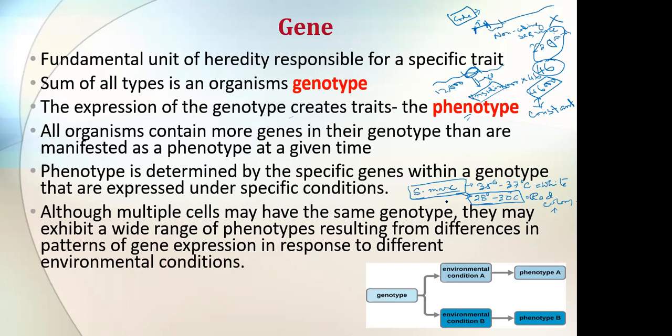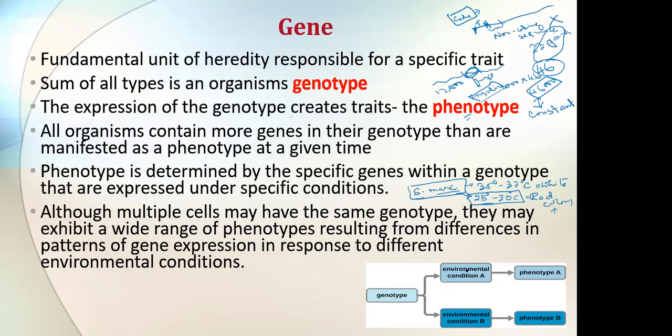So the environment has a big effect on the genotype. If you live in tropical environmental conditions, or you can say in a warm temperature region, then your skin will be a little darker.